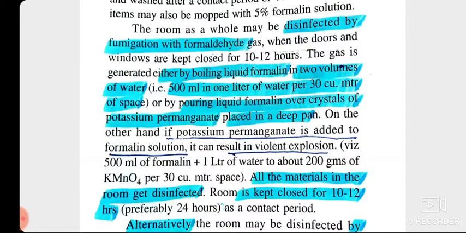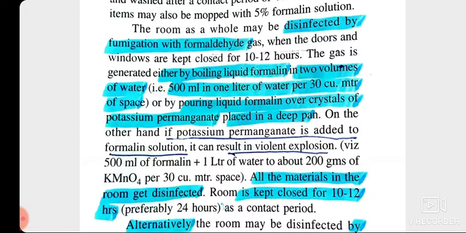We have to add formalin over the crystals. If we add potassium permanganate to formalin solution, it can result in a violent explosion. So this mistake should not be made at any cost.